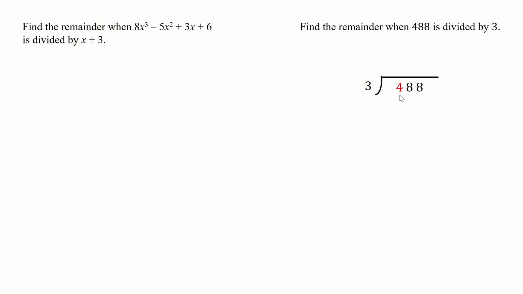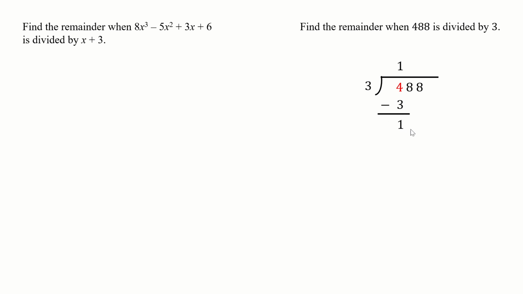What is the largest multiple of 3 that is less than or equal to 4? I put a 1 here, because 1 times 3 is 3, which is the largest multiple of 3 that is less than or equal to 4, and the difference gives 1.